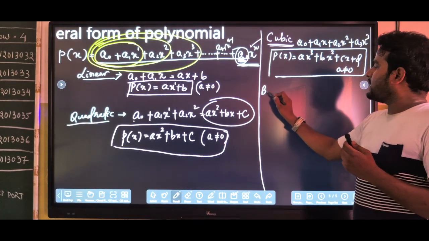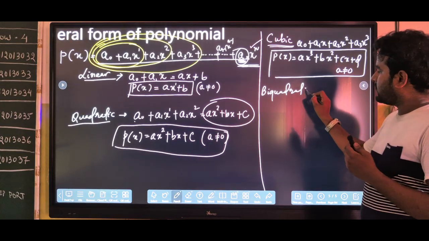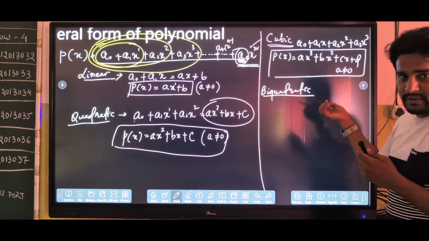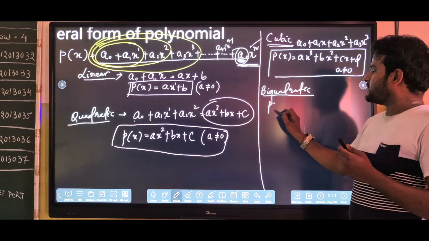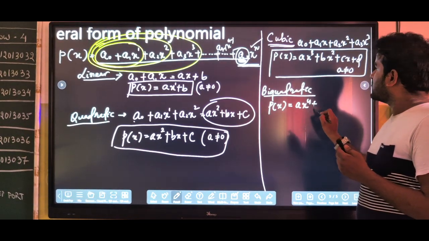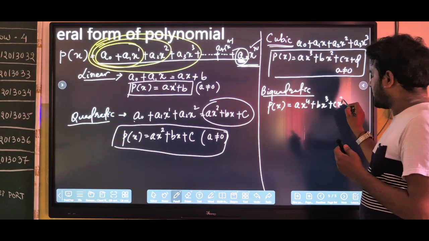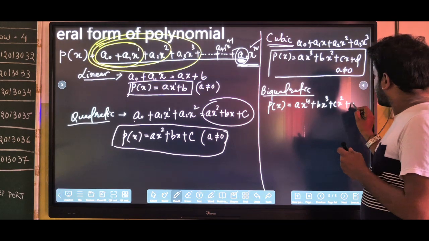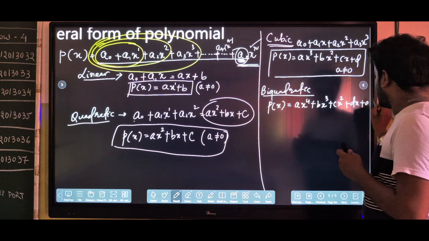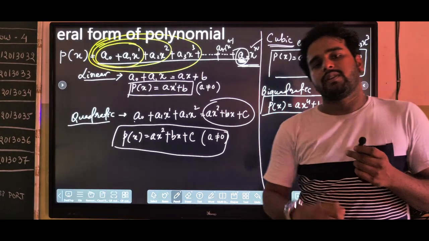Like this, for biquadratic, another extra term will be added. So directly I am writing the same thing, that is Px is equal to Ax to the power 4 plus Bx to the power 3 plus Cx square plus Dx plus E. So this is the general form of a biquadratic.